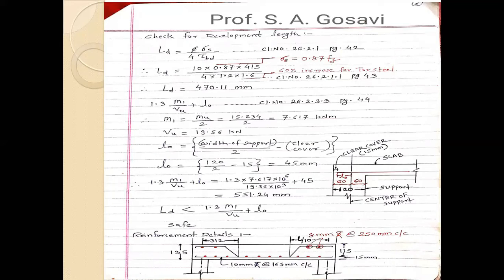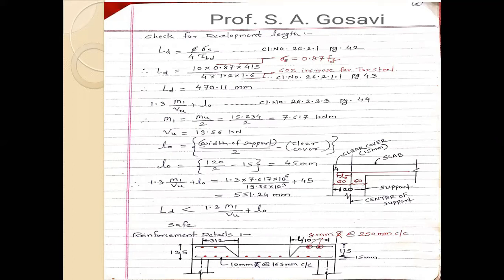So if you observe on site, or if you observe carefully, the bars which are coming from the beam are inserted in the column to some extent. Okay, the bars which are coming from the beam are not tied up there itself in the beam. Those bars are extended in the column up to some length, and that length is called the development length.